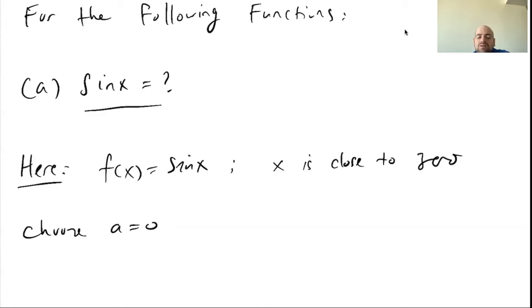And also, f of a must be computed without calculator. And of course, f of 0, in this case sine 0, can be computed without calculator. Choose a equals 0, because it's close to 0, as I mentioned here.